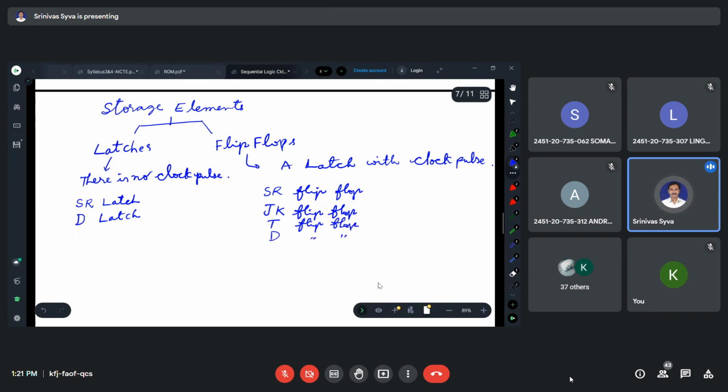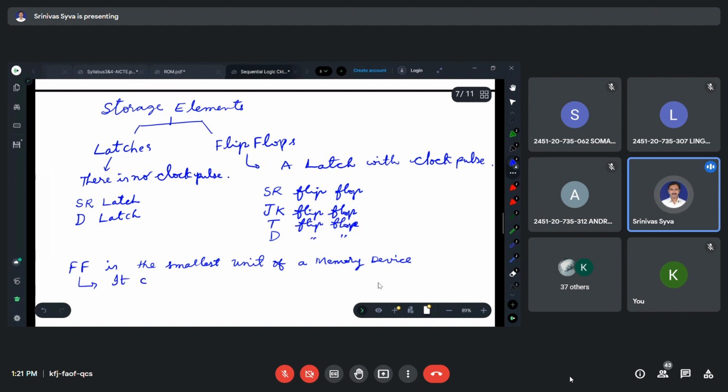The flip-flop is the smallest unit of a memory device.